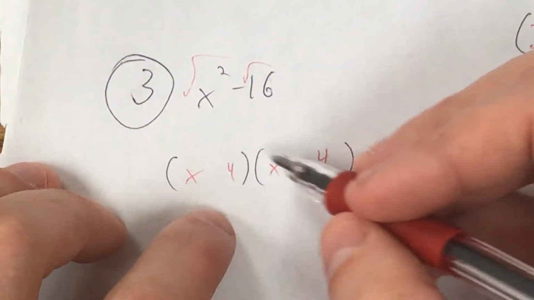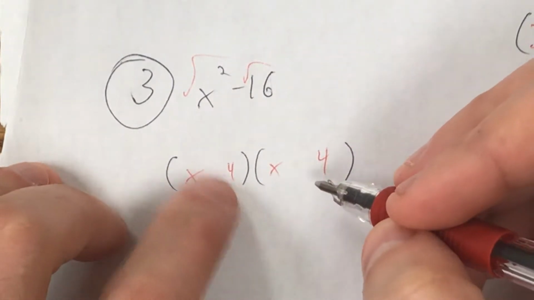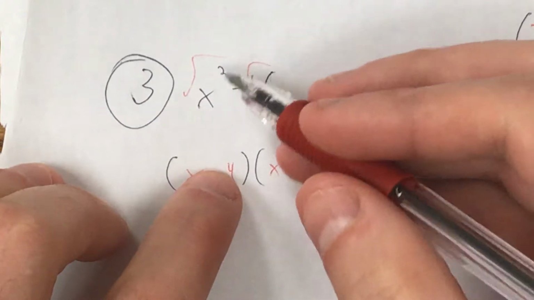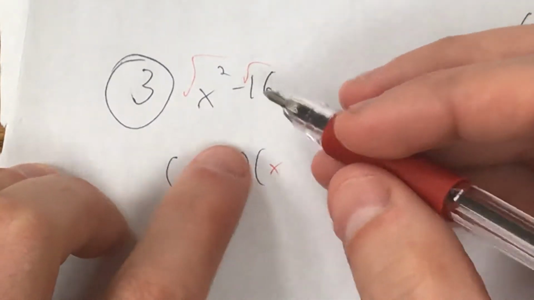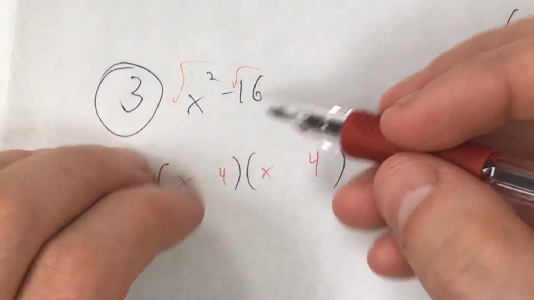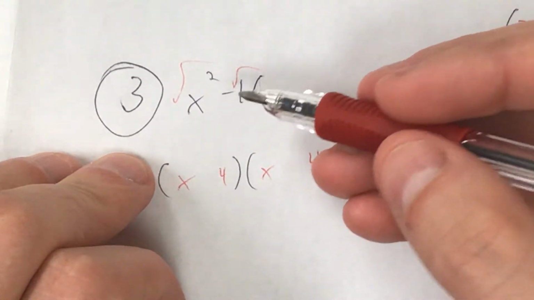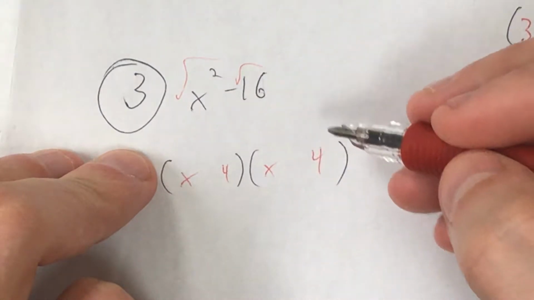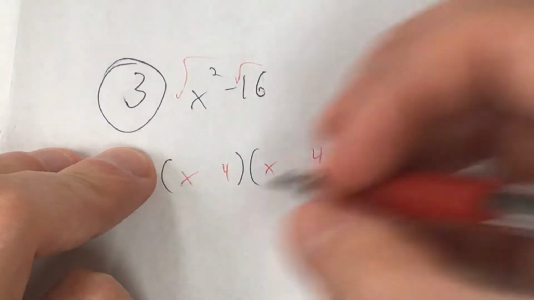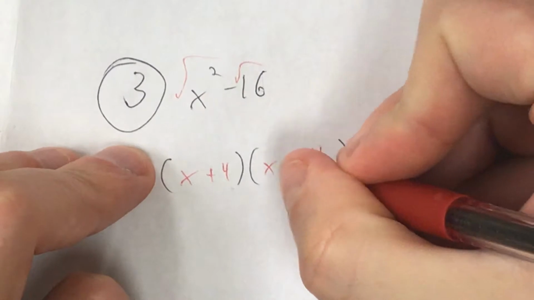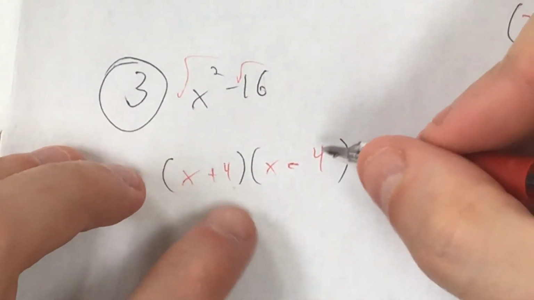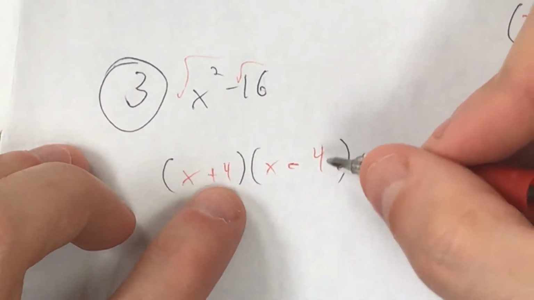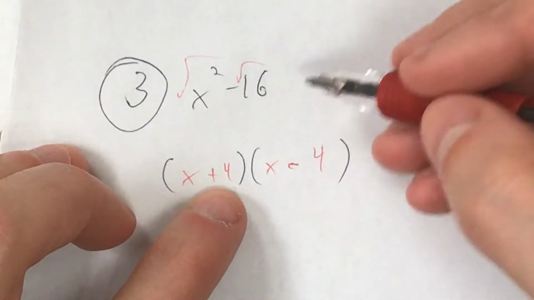And if you were to make this a negative and a negative, then a negative 4 times a negative 4 would give you a positive 16. You don't want that. So I usually just say, well, what's the only way to multiply to a negative? The only way to multiply two numbers and get a negative is if one is positive and the other is negative. So you need to have positive 4 times negative 4 is negative 16.